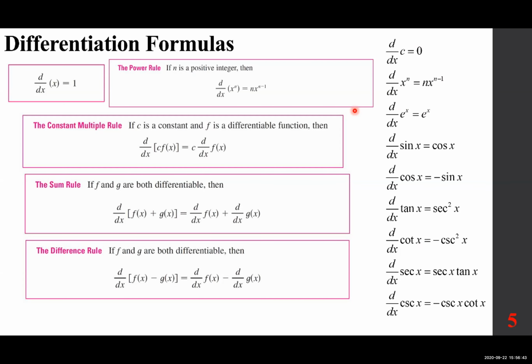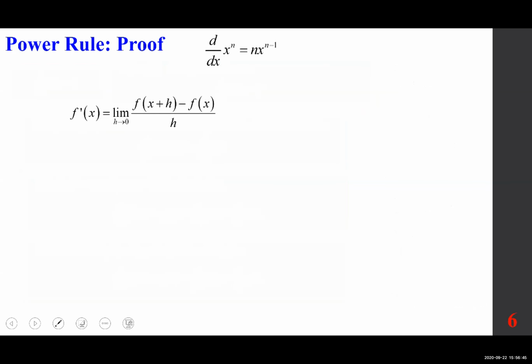So take a look. Let's look at the derivative of x to the power of n, and we are looking at it from the point of view of the binomial distribution. We're going to prove that. So simply put, plug in x plus h. Okay, class? So if you plug in x plus h, this is what you get. I hope everybody is comfortable with that. Now, how do we expand that?